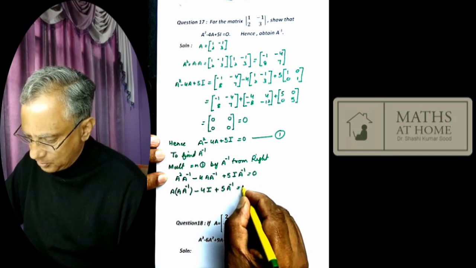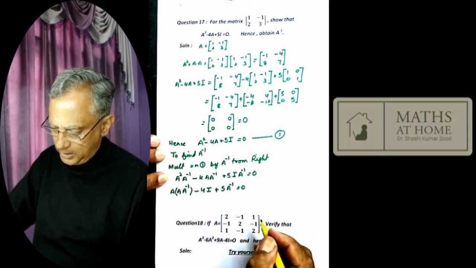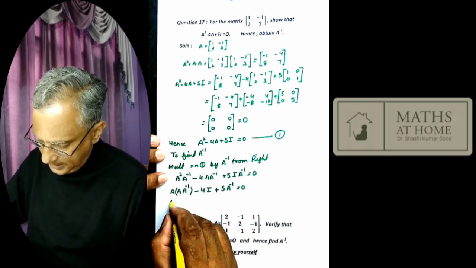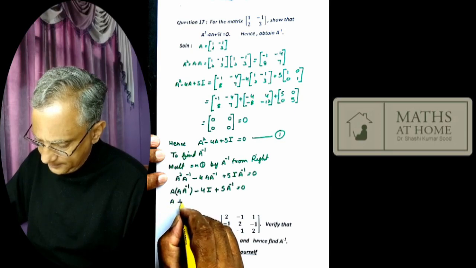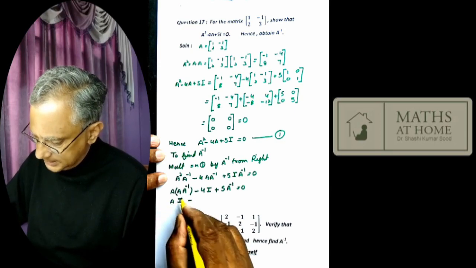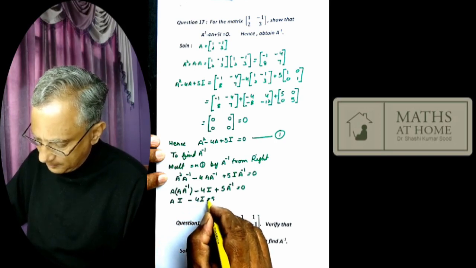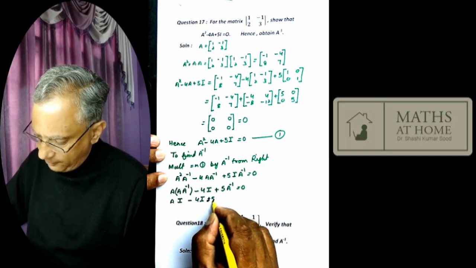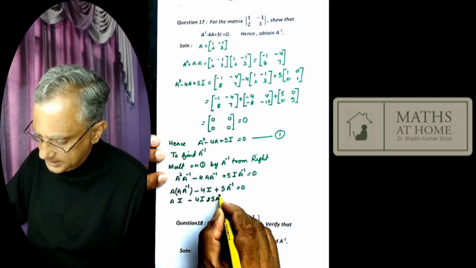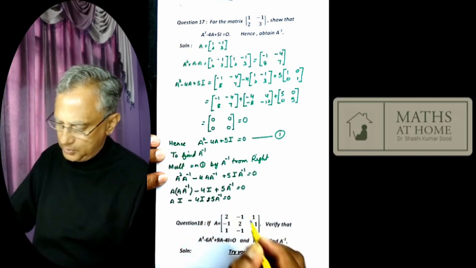This must be equal to 0. And therefore, A into I, this is A, minus 4I plus 5A inverse is equal to 0.